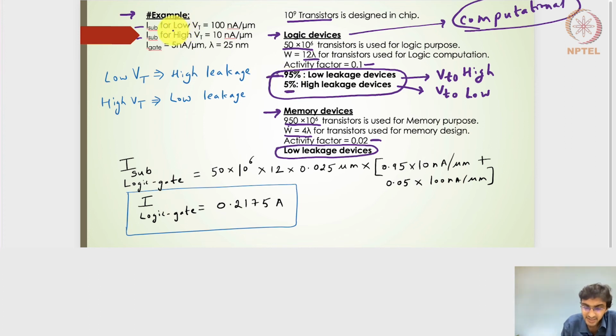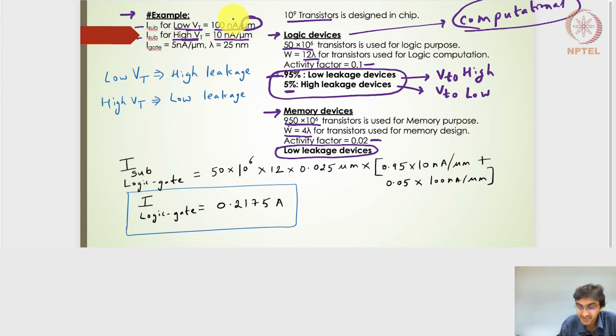If I consider the low leakage current, it is nothing but 10 nanoamperes for the high VT cell, and for the low VT cell it is 100 nanoamperes per width of the transistor. It is characterized in terms of the leakage current per width of the transistor, so that's why the micron is given here: 100 nanoamperes per micron.